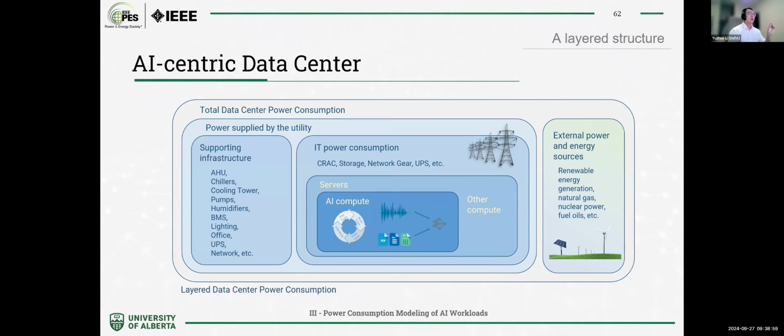And on the power supply side, if we focus on the utility side, we can separate the power consumption into supporting infrastructure and IT power consumption. Inside the IT power consumption, we have the servers. And inside the server, we have the AI compute power consumption and other computation power consumption. If we really dig deep, we will notice the AI computation actually introduces the major power consumption in the AI-centric data center.